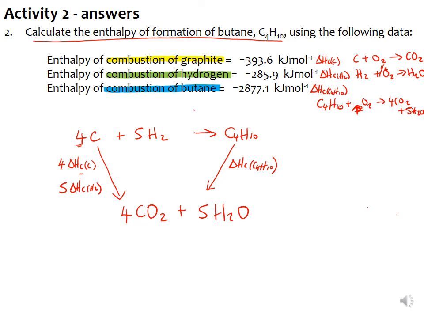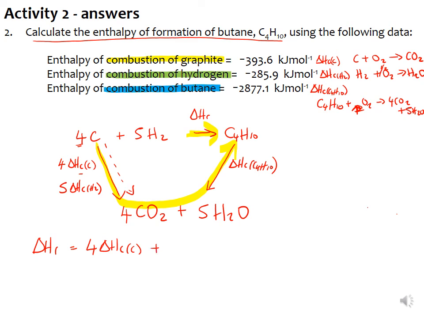So we want to work out the delta HR here, going in that direction, so we're going to follow it going around this way. So delta HR is going to be equal to everything on the left added together, so 4 lots of delta HC for carbon.